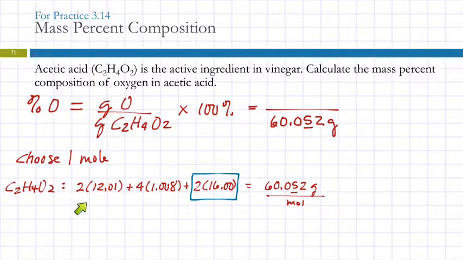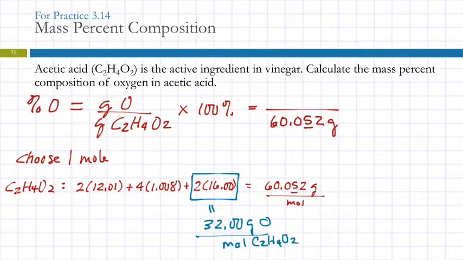So when I write this out to calculate, I've actually done the work for the numerator. So the mass of oxygen is this right here. It's 32.00 grams per mole, so grams of oxygen per mole acetic acid. So I'm going to put that number up here, 32.00 grams. And then I'm going to multiply by 100%.